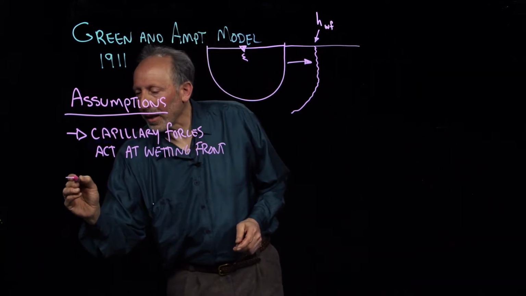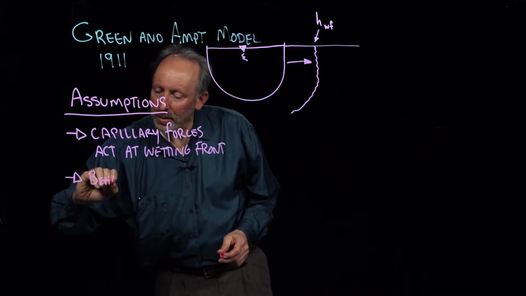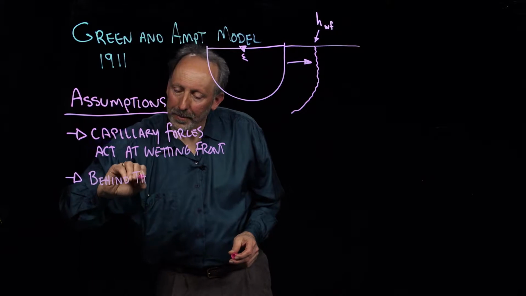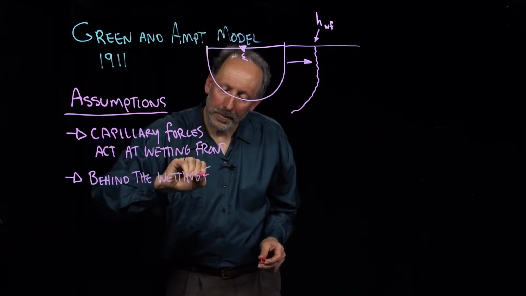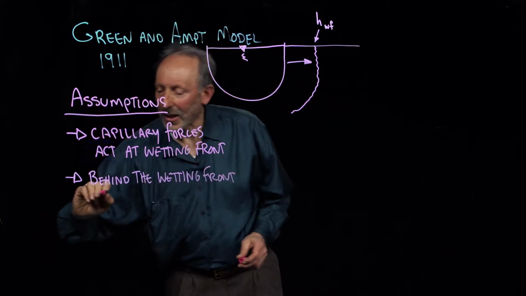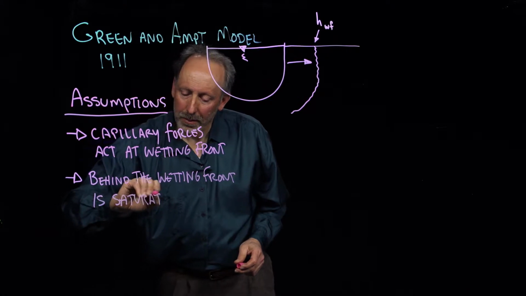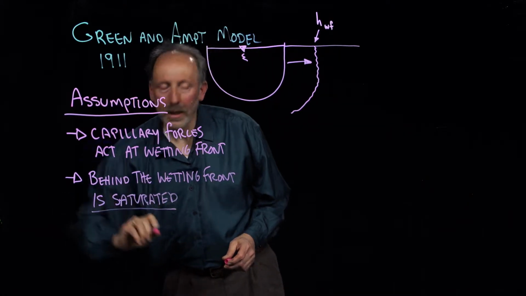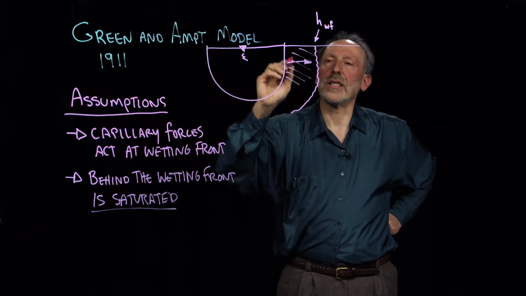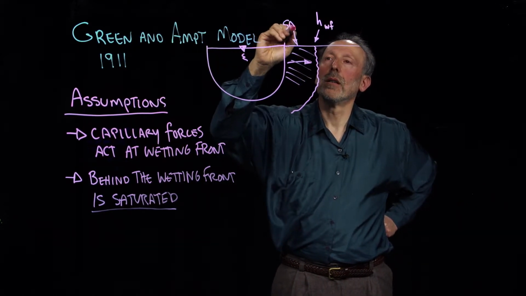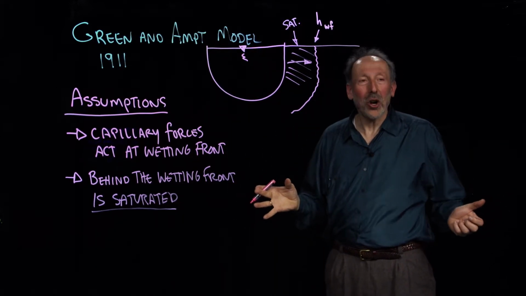And then the second thing we're going to say is that behind the wetting front is saturated. So we're going to say that this soil is essentially saturated. That's it. That's all we're going to do.